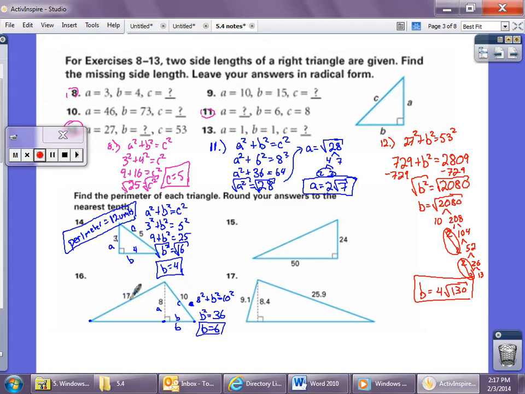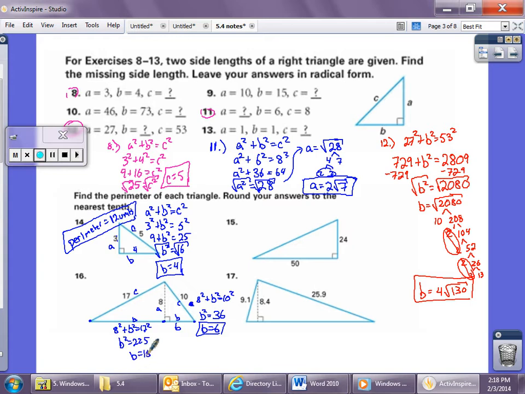And then for this one, once again, you have A, B, and C. So you get 8 squared plus B squared equals 17 squared. So this is 289 minus 64. So you get B squared equals 225.